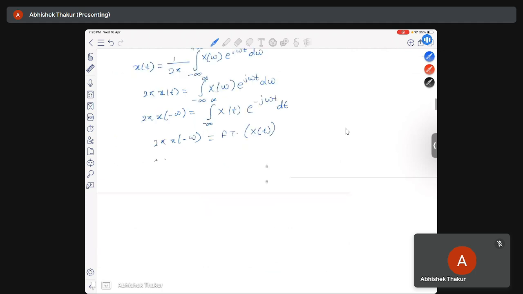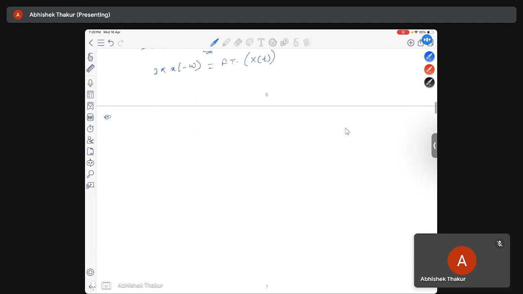We will take one pictorial example. This is −τ/2 and this is τ/2. This is the rectangular signal.